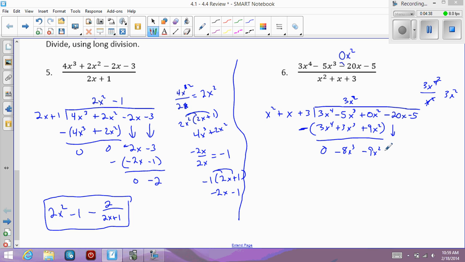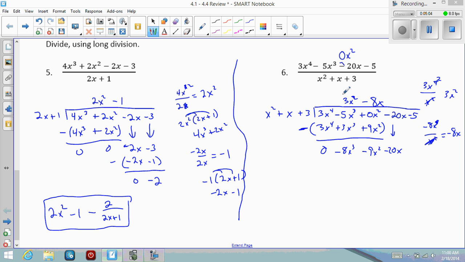Bring down the minus 20x and ask yourself, what do you multiply times x squared to get negative 8x cubed? So we could take that negative 8x cubed and divide out the x squared, and the two x's down here will cancel out 2 up there to leave you with negative 8x. So we put that minus 8x up here.